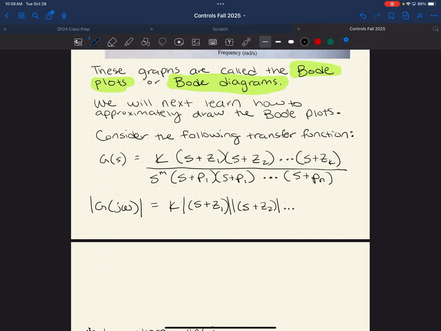Yeah, I'm going to write this at the end. Oh, okay. Yep. Thank you. I'm writing it this way because I want you to see that when you plug in j omega, you're going to end up multiplying a bunch of imaginary numbers in the top and multiplying a bunch of imaginary numbers in the bottom.